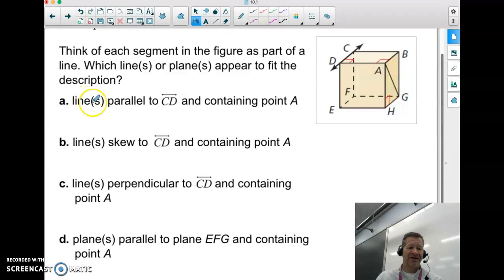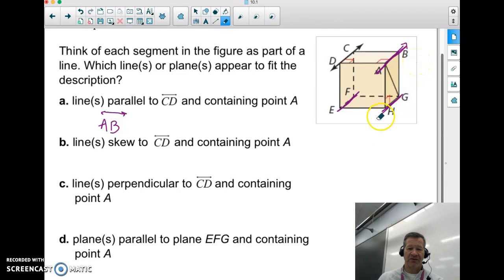So any line that's parallel to line CD, so here's line CD, that contains point A. Well, this line right here would be parallel to it, and it contains point A, so line AB would fit that description. Now there are other lines on here that would be parallel. This one down here runs in the same direction, and so does this one, but none of those contain point A, so the only one that contains point A would be AB.